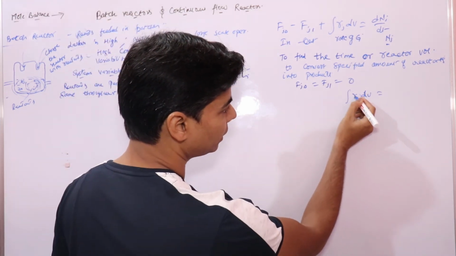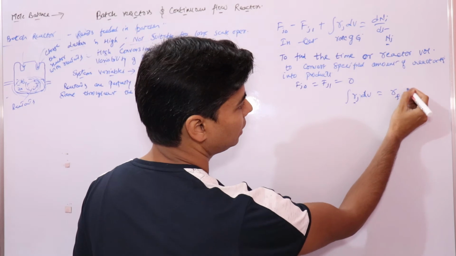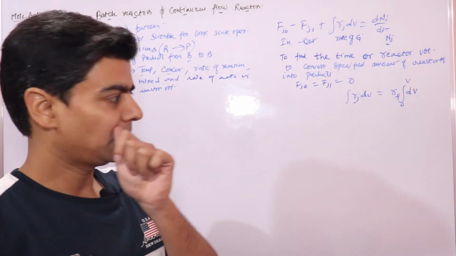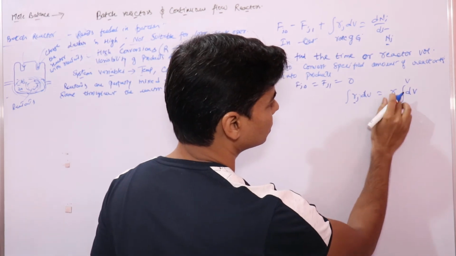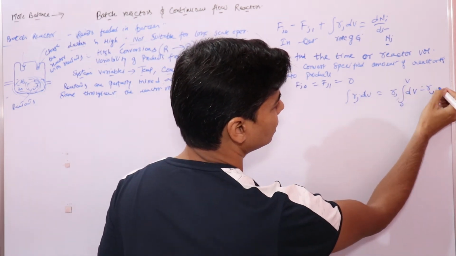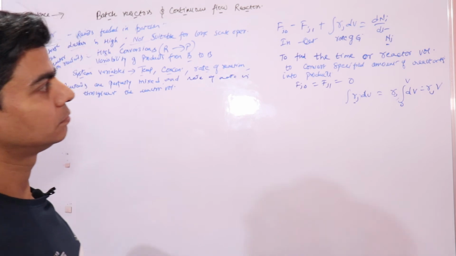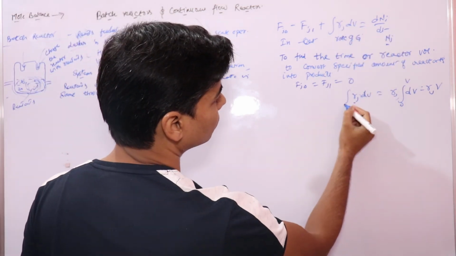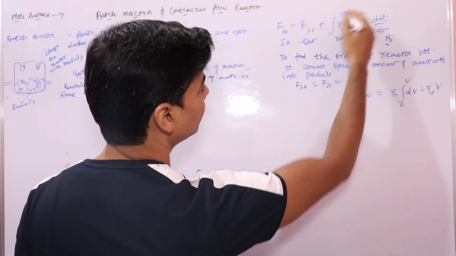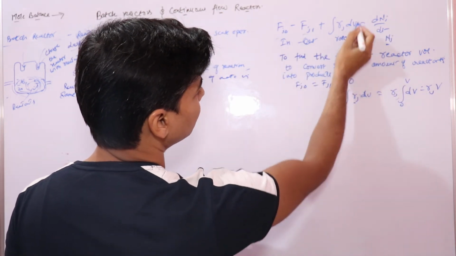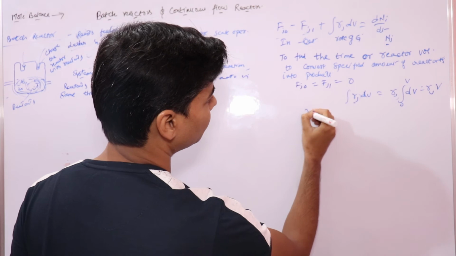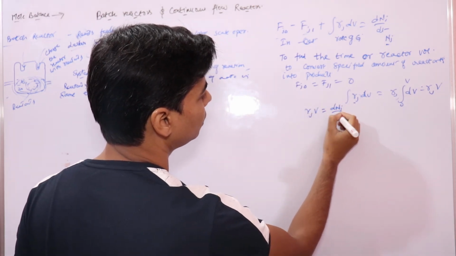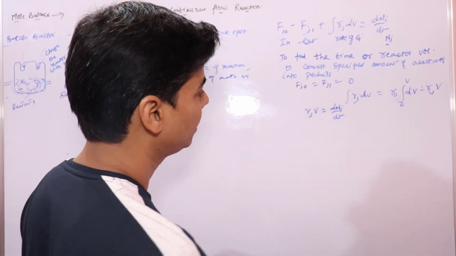If this is constant, we can take it out of the integral, dV from 0 to V. So this is Rj V. Now if you put the value of this, this is 0, this is 0, we have simplified to RjV equals dnj upon dt.